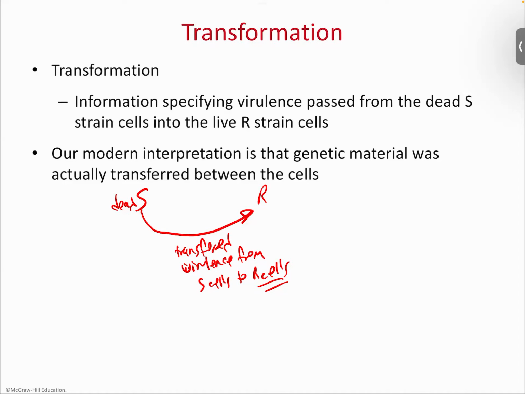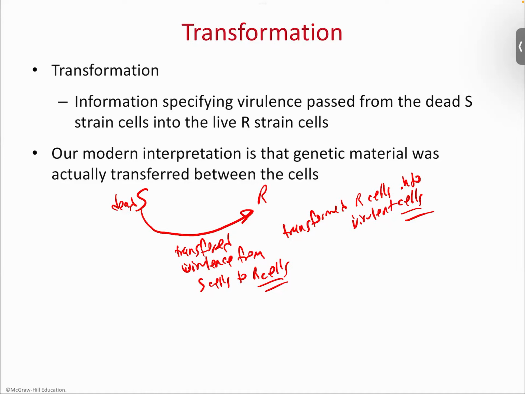That makes sense? So this basically transformed R cells into virulent cells. So even though you killed the cell, you didn't destroy the information. That's what this says.